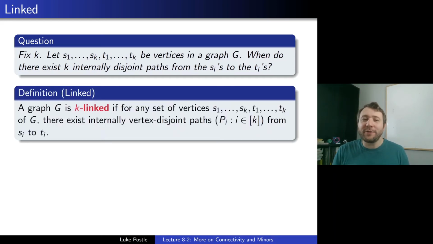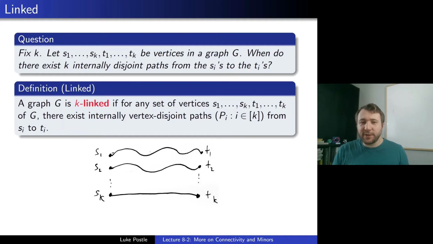Let's call a graph k-linked if no matter how you choose this set of vertices, the s's and t's, you can always find these paths. So instead of asking when we can decide this, as in the disjoint paths problem, let's just call a graph k-linked if you can always do this. And so here's a picture, the s's to the t's, and again, they could be really the same vertices, but here I've drawn them disjoint.